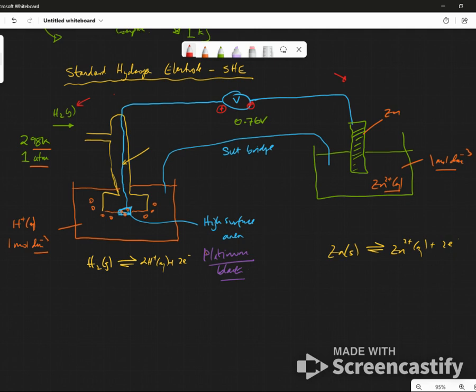So that must mean electrons flow from the zinc to the hydrogen. Yes, that's what happens here. So the zinc is therefore the negative electrode, and the hydrogen must therefore be the positive.